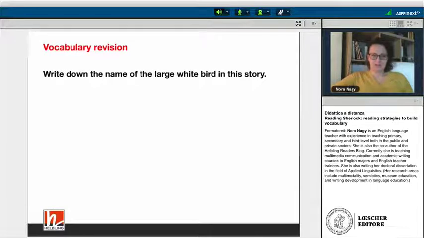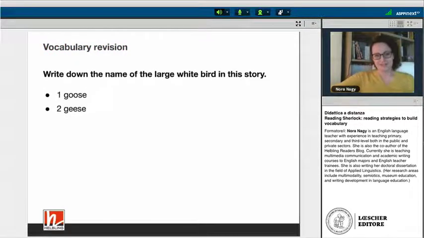Moving on. Write down the name of the large white bird in this story. Goose. All right. Do you remember the plural form? Excellent. Lots of answers coming in very quickly. Very nice. All right. Now, one goose and two geese.